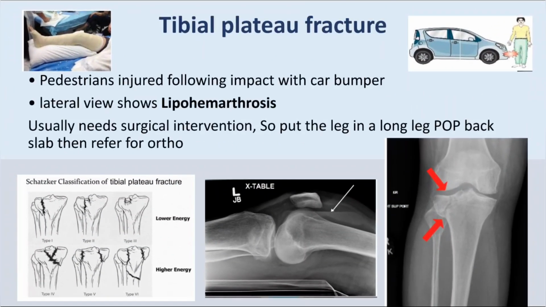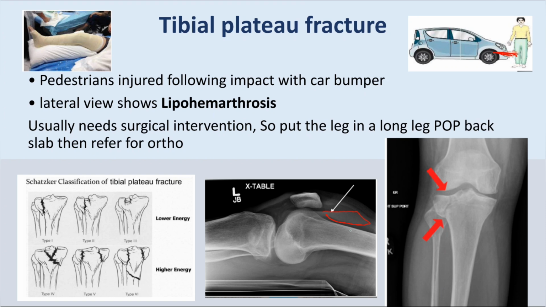Tibial plateau fractures: the common mechanism is a pedestrian who is injured after impact with a car bumper. So this is known as a car bumper injury. On the lateral view of the X-ray, it shows some whiteness over here.